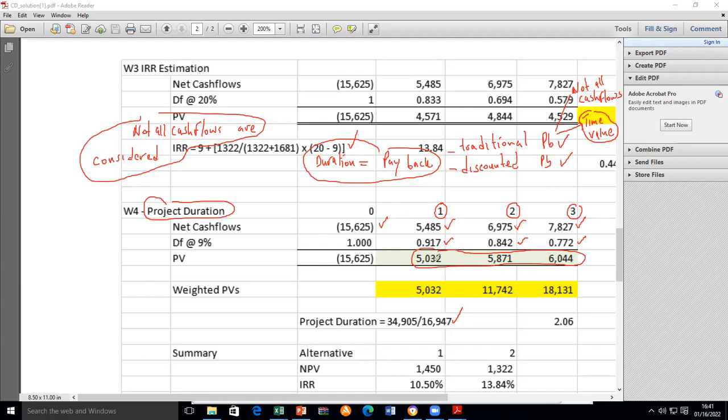Then we multiply each one of these figures by the year: 1 multiplied by 5032, 2 multiplied by 5871, 3 multiplied by 6044. Then you add up these figures and they give you 34905. So 34905 divided by the total present value of the inflows gives you 2.06. And this 2.06 is the project duration.